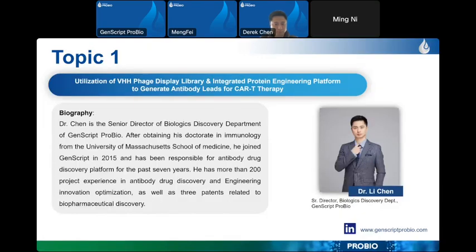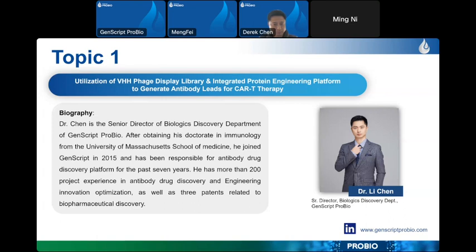Now, I'm delighted to introduce today's first speaker, Dr. Li Chen, the Senior Director of Biologics Discovery Department of GenScript Bio. After obtaining his doctorate in immunology from the University of Massachusetts School of Medicine, he joined GenScript in 2015 and has been responsible for the antibody drug discovery platform for the past eight years.